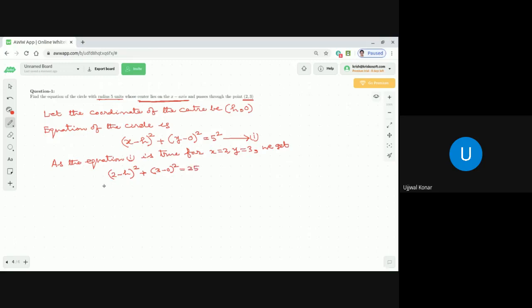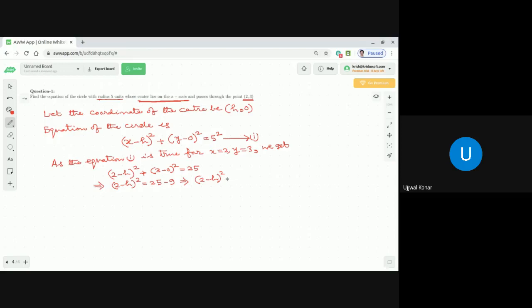So let's simplify. 2 minus h whole square should be equal to 25 minus 9. That implies 2 minus h whole square is equal to 16, that is 4 whole square.